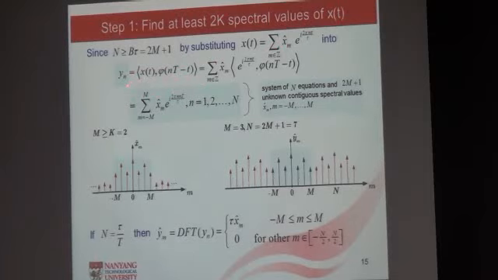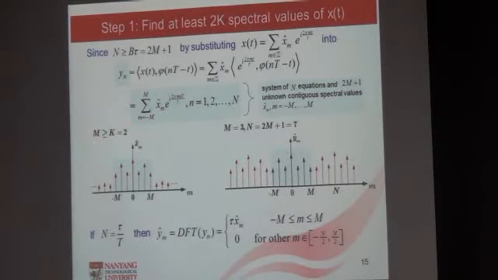The system has N equations and 2M plus 1 unknown contiguous spectral values, x hat of m. These are the unknowns here. Yn we know because we acquired them, and x hat of m we don't know. So we need to find the 2K, or in this case 2M plus 1, spectral values.